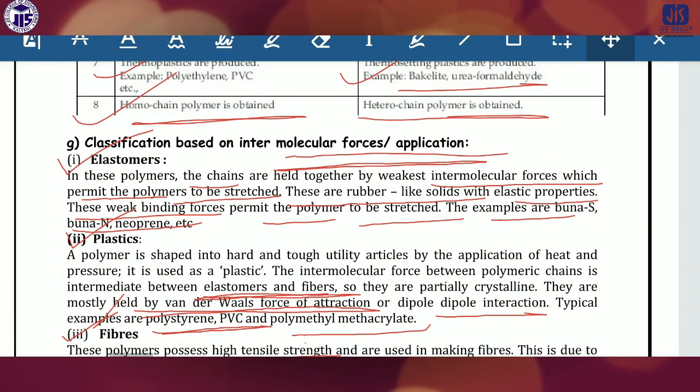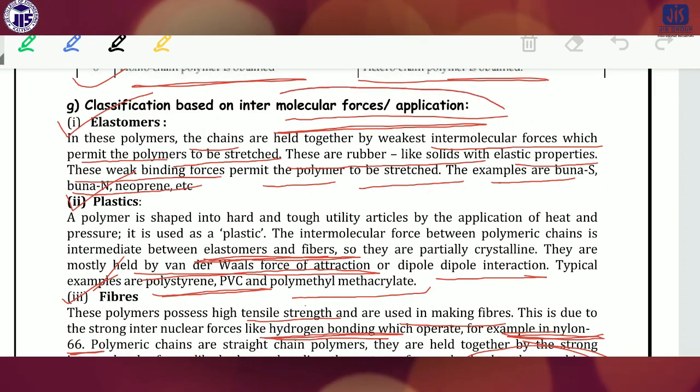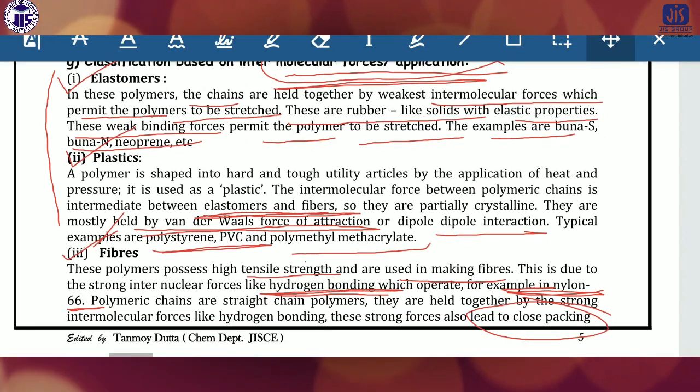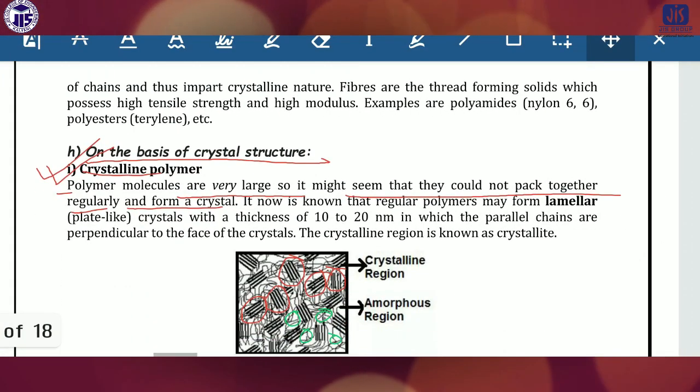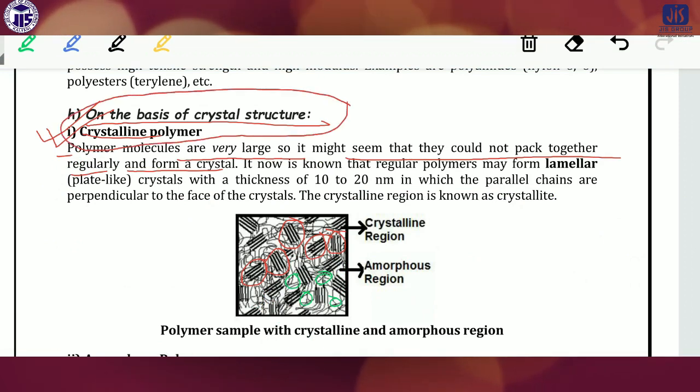Then in the next category, classification depending on molecular forces, you can find three categories: elastomer, plastic, and fibers. Then the next category depends on crystal structure, where you can find crystalline, amorphous, and semi-crystalline polymer.